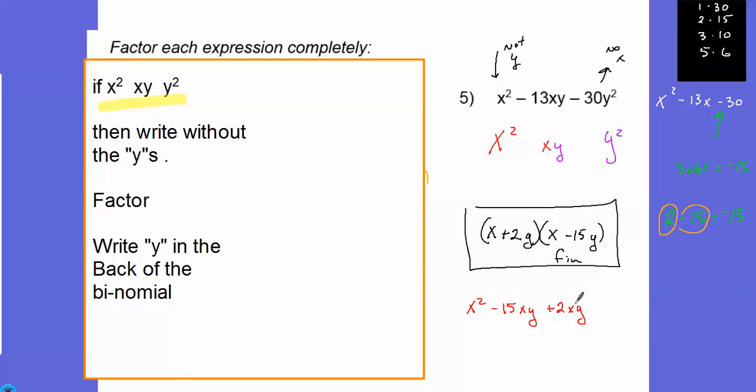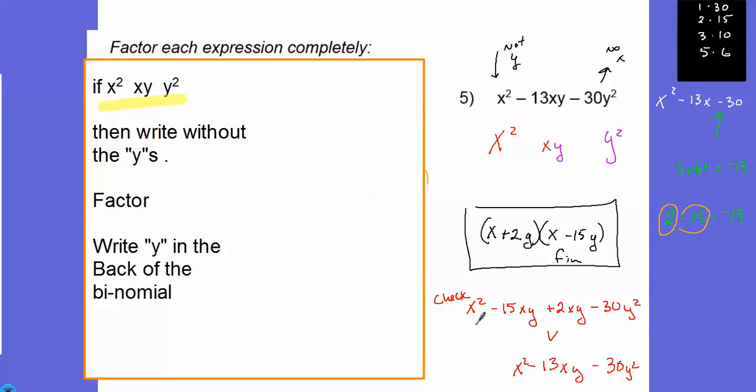And last, 2 times negative 15 will give me a negative 30. I should have said 2y and negative 15y gives y squared. Combining my like terms will give me my result, with my x squared in the front. I'm just checking to see that I've gotten it correct.